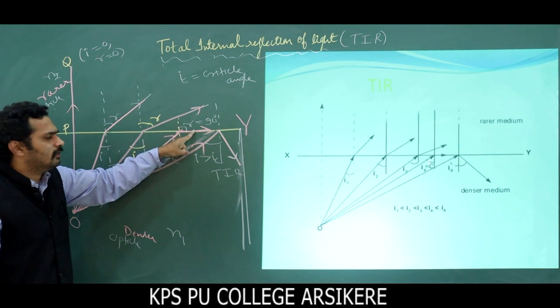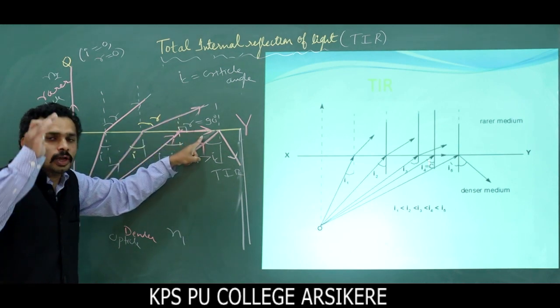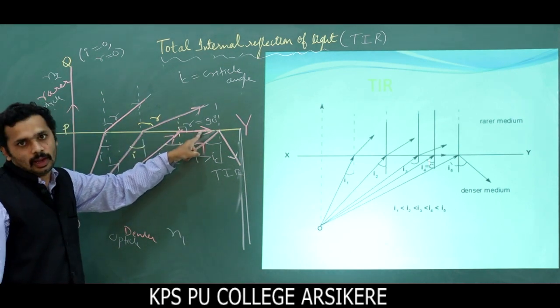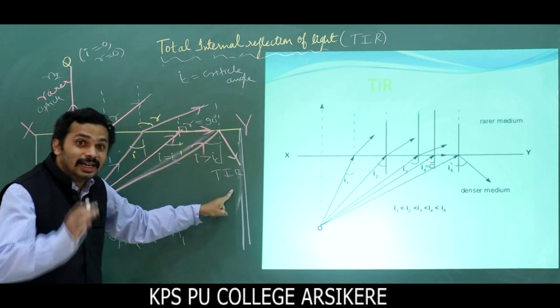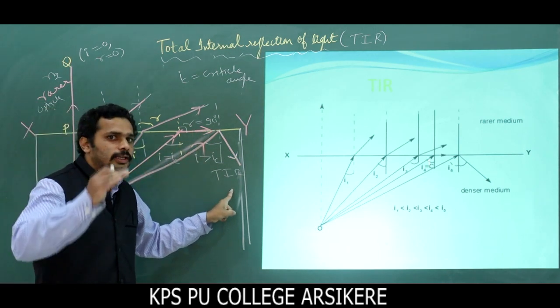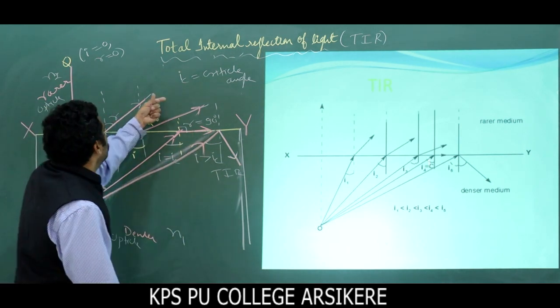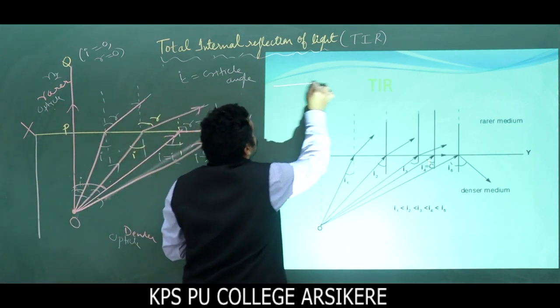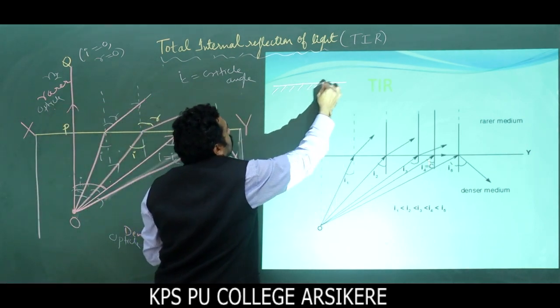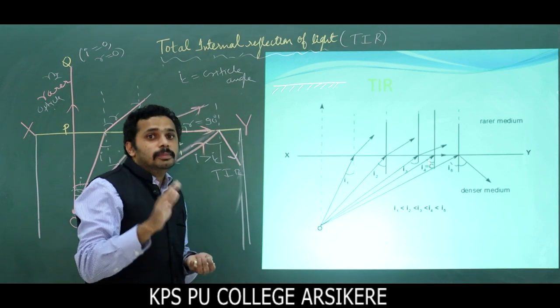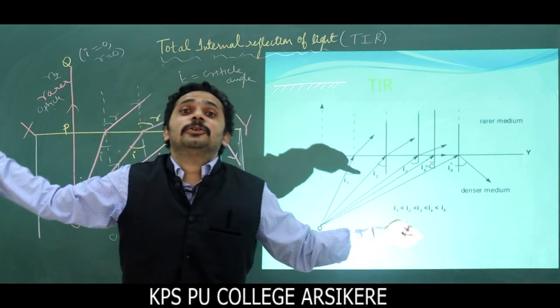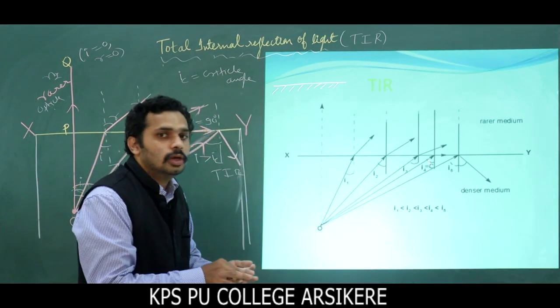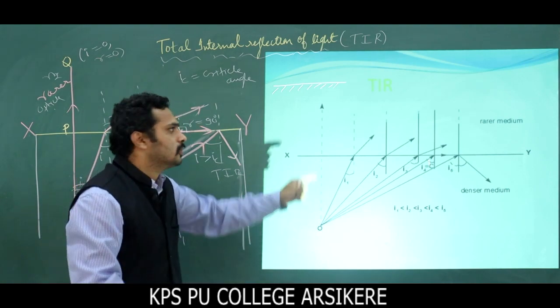ದಿಸ್ ಇಸ್ ಸರ್ಫೇಸ್ ಅಲ್ವಾ ಸರ್, ದಿಸ್ ಇಸ್ ಇಂಟರ್ಫೇಸ್ ಅಲ್ವಾ ಸರ್? ಹೌದು. This is not mirror. I am not using mirror, but we got TIR, total internal reflection. Suppose if you use mirror, this is mirror. In mirror we do not get 100% reflection. How sir? How is 100% reflection not possible in mirror?